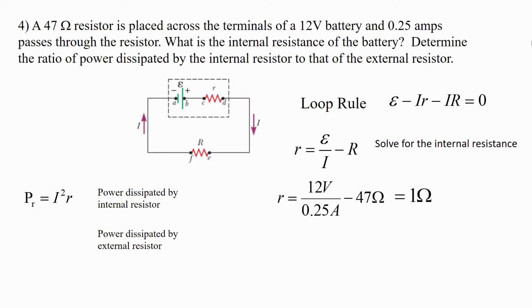And by the external, the same form, it's I squared times big R. That's the external resistor. So take the ratio of these two. You can see the currents cancel out. So this is basically the ratio of the resistors, which is the ratio of the power dissipated.